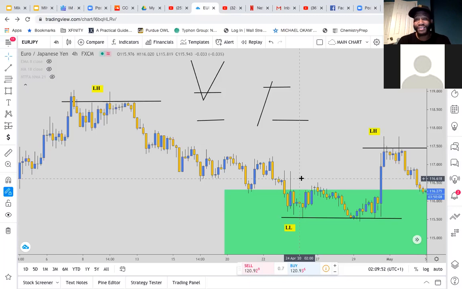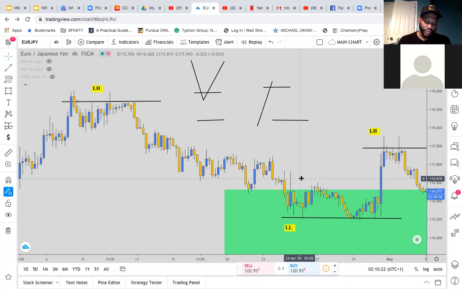Since you have a $1,000 account, you better put a big lot size just so you can see how the money moves. Then stop loss, take profit. When they put a trade, they're gonna give you the stop loss and take profit. All you gotta do is just put it in. And if it's a buy or sell, just hit sell by market or buy by market, and just let it do what it do. That's how you take a trade.